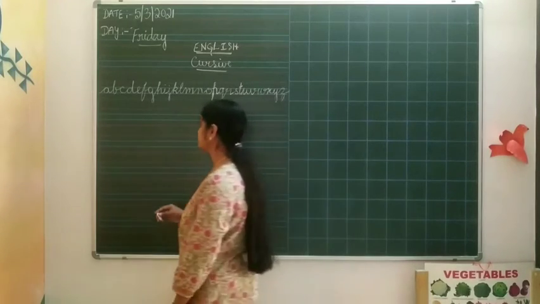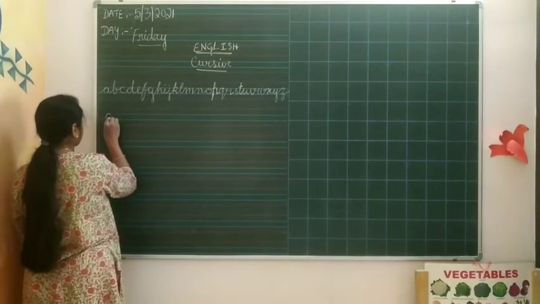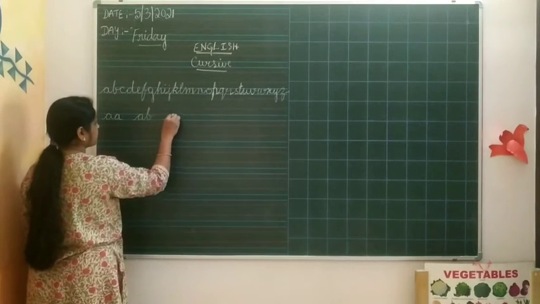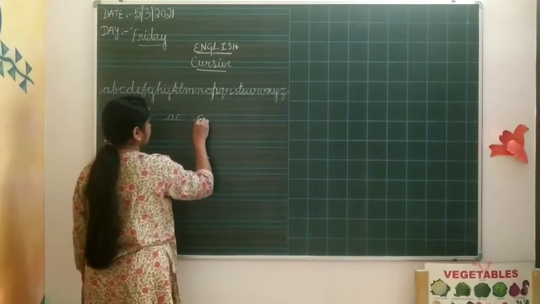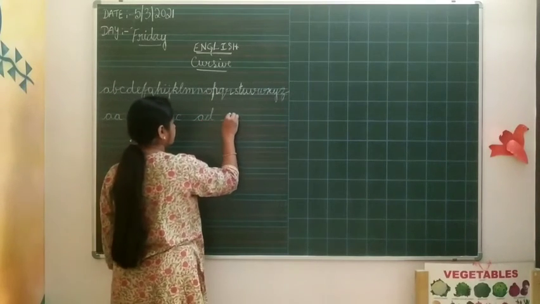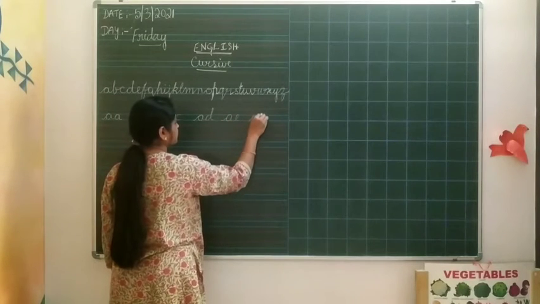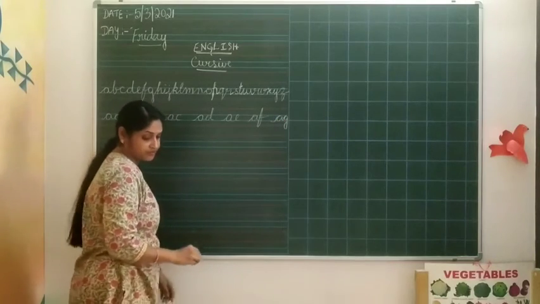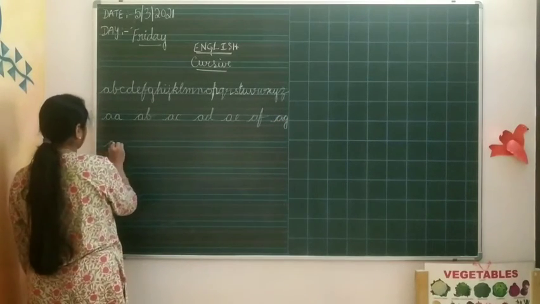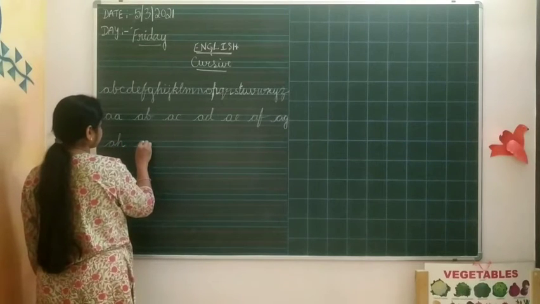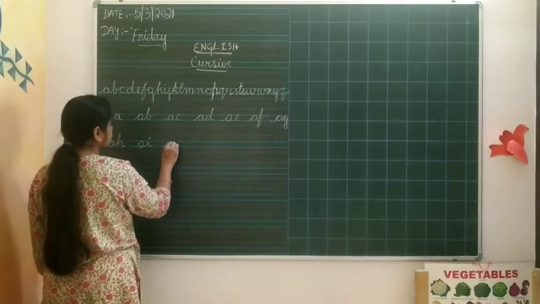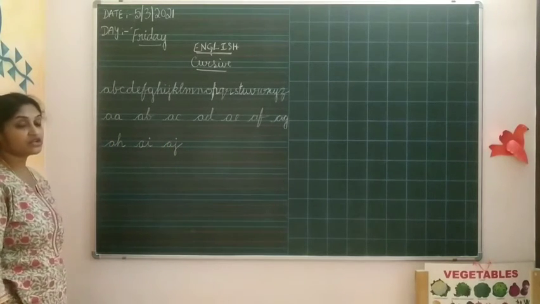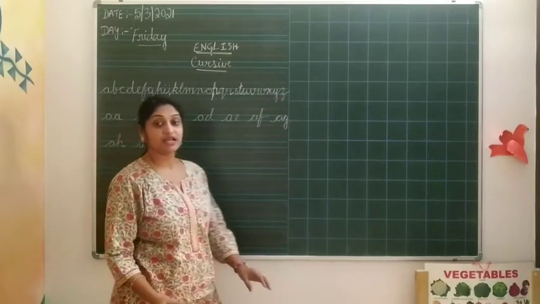From A to J we learned: A, B, A, C, A, D, A, E, A, F, A, G, A, H, I, J. We learned till A, J. These all are the two-letter words using the A words.